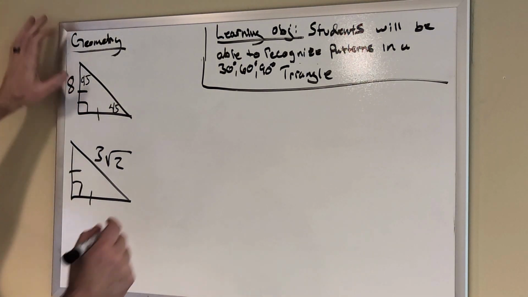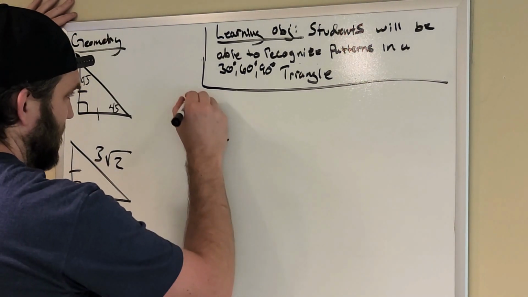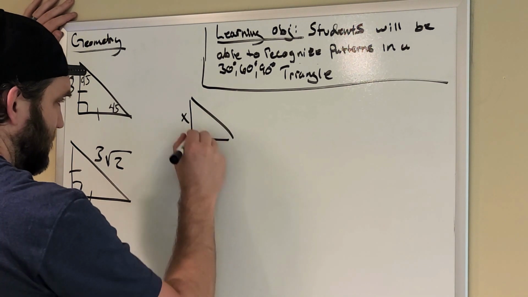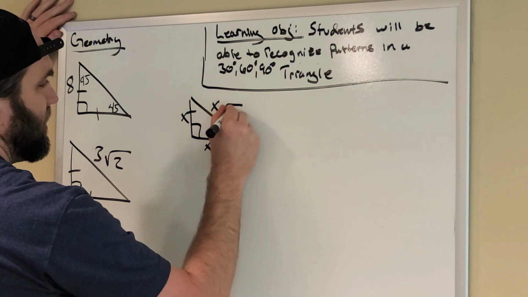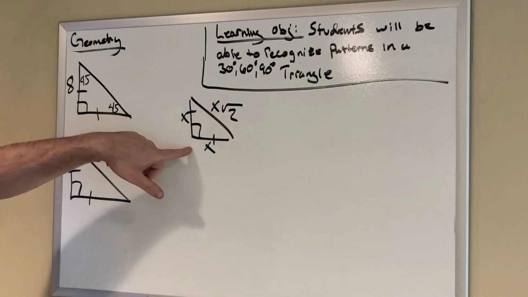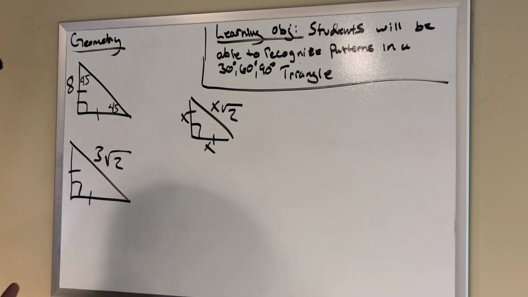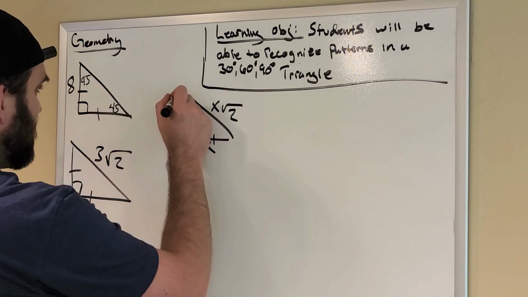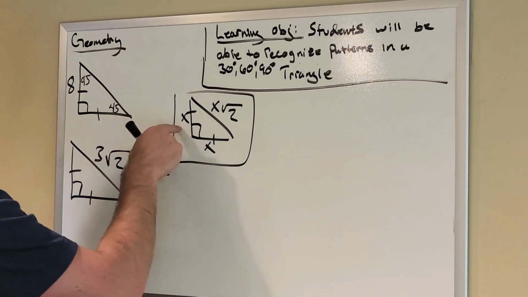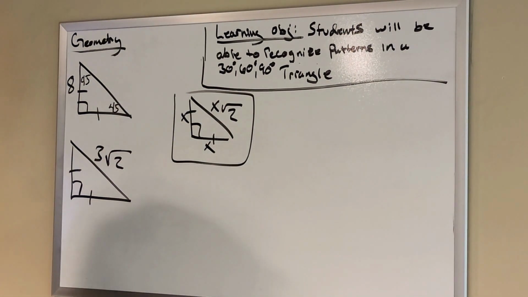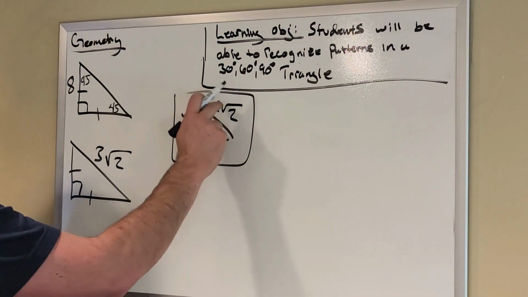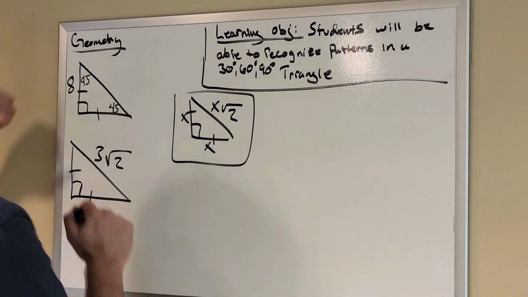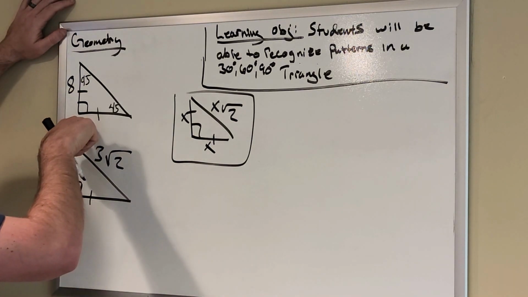And remember that our formula for finding the sides is this right here. Our two legs are the same, and then our hypotenuse is the leg length times the square root of 2.